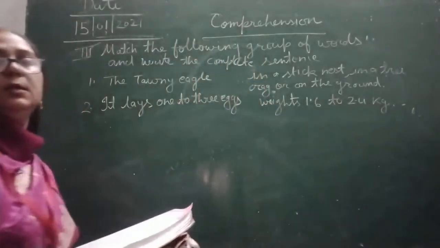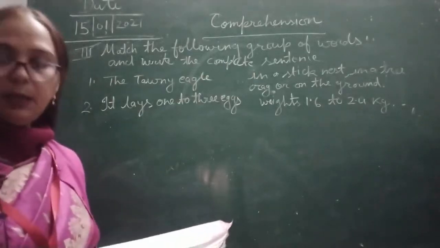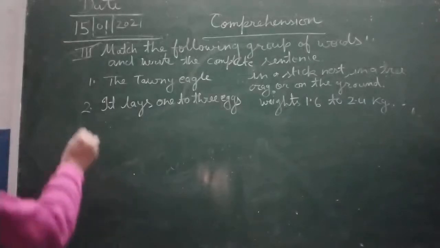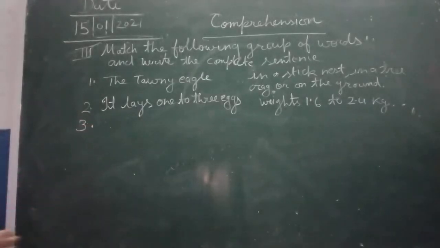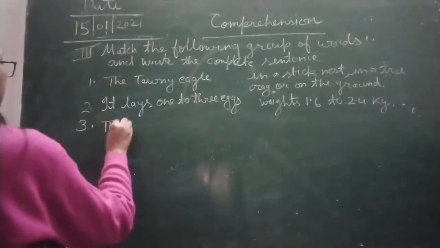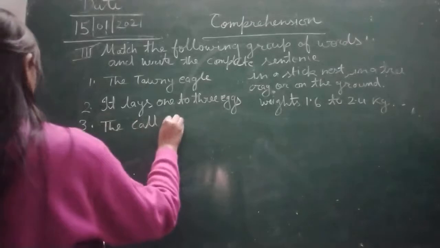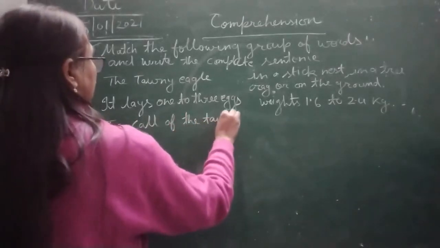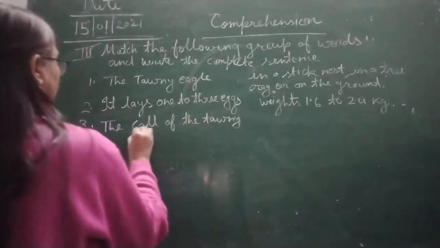So children, this is the second line we are writing. Now we are moving to the third line. The third line is the call of the tawny eagle.